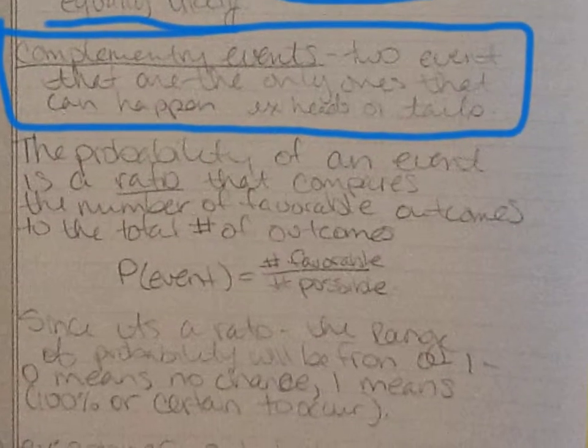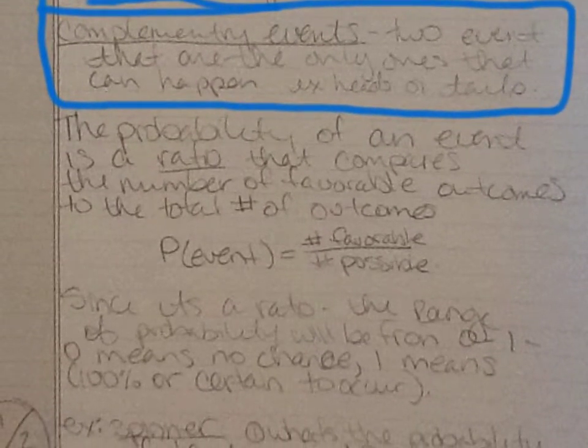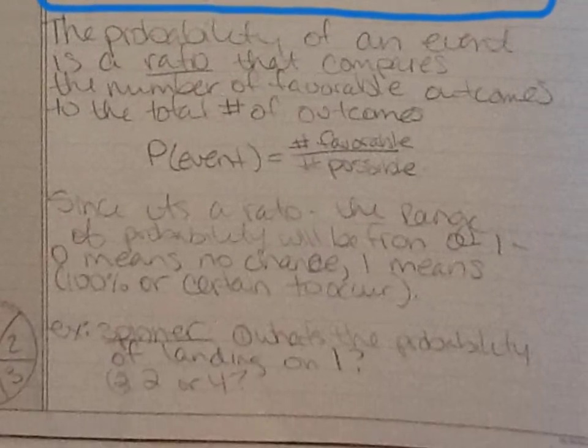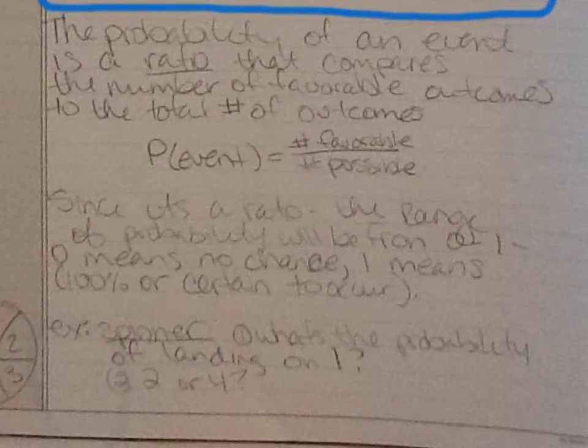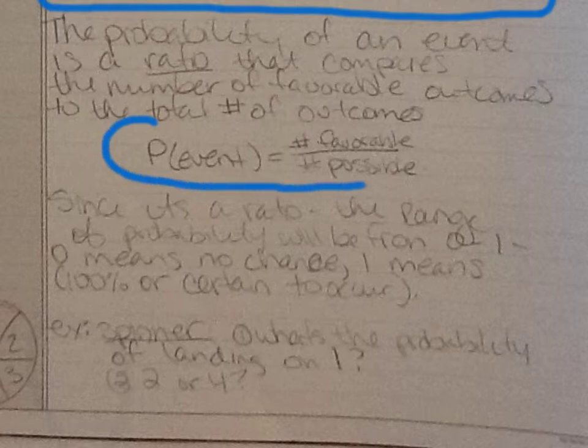So the probability of an event is a ratio that compares the number of favorable outcomes to the total number of outcomes. And that would be written like so. The probability of an event is the number of favorable outcomes over the possible outcomes.